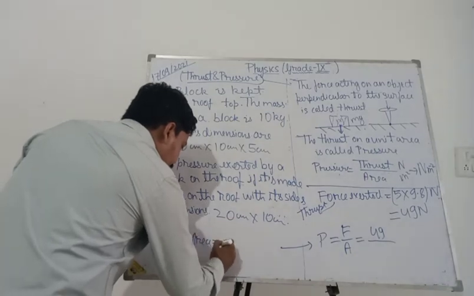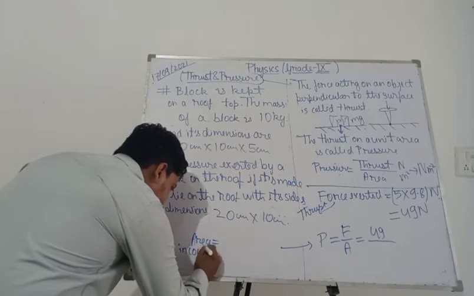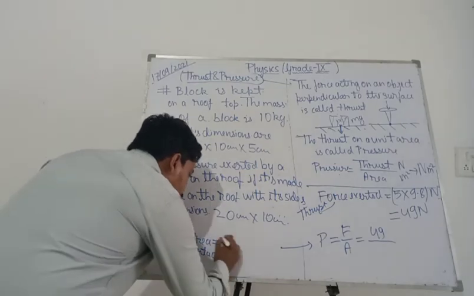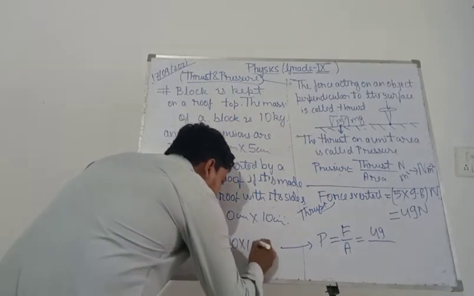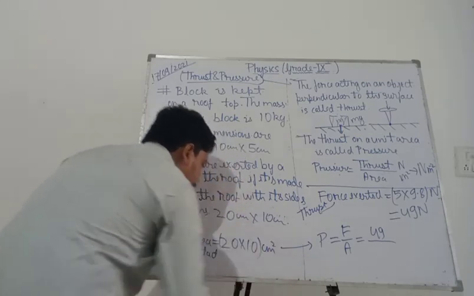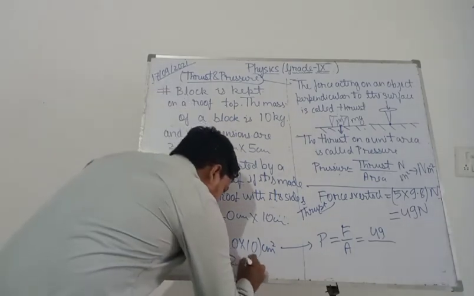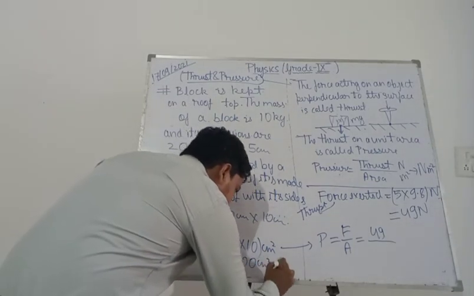The area in contact is 20 into 10, in centimeter square, so this will be 200 centimeter square.